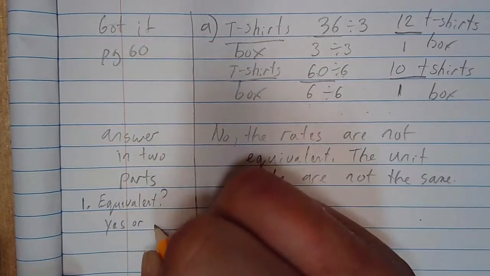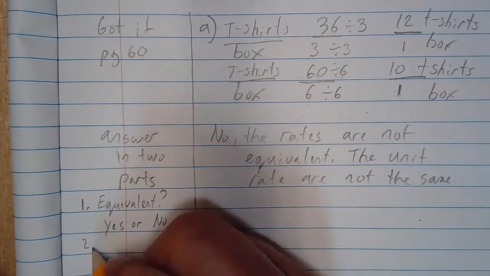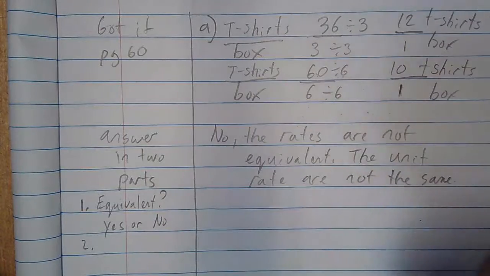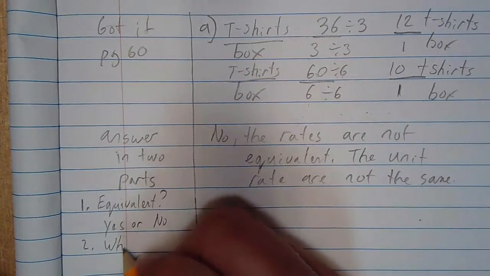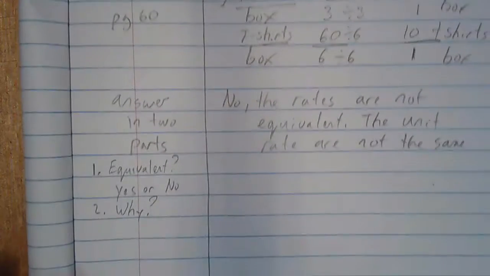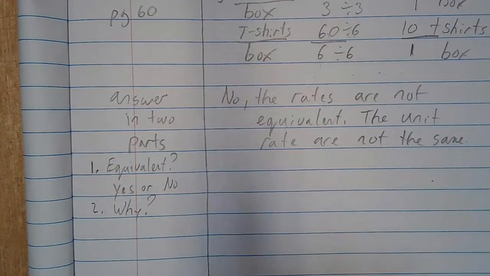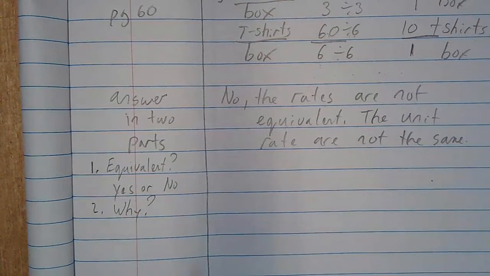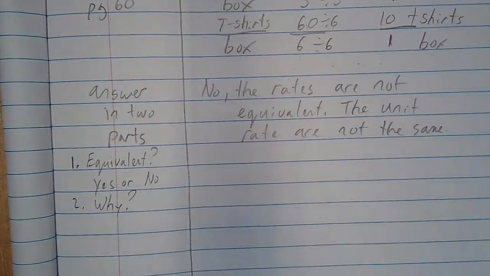Yes or no. The second part answers why. Okay? So, again, yes, the rates are equivalent. No, the rates are not equivalent. Right? And I'll make a little flow chart in a little bit. Okay? But let's go on.